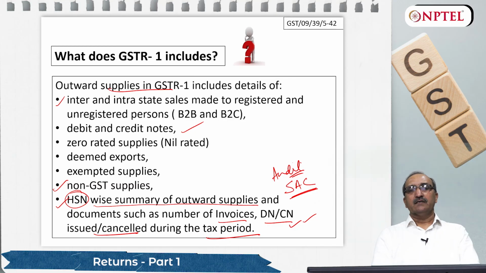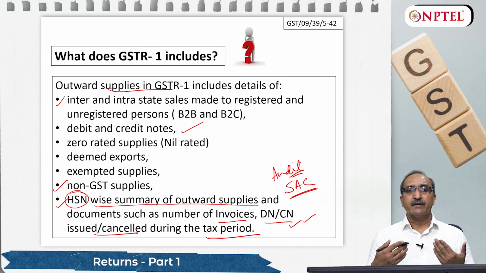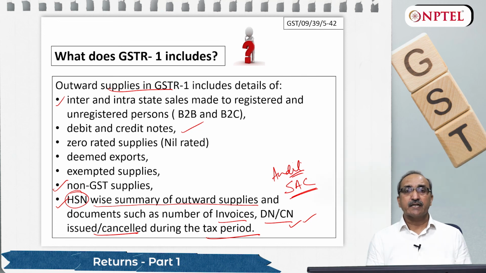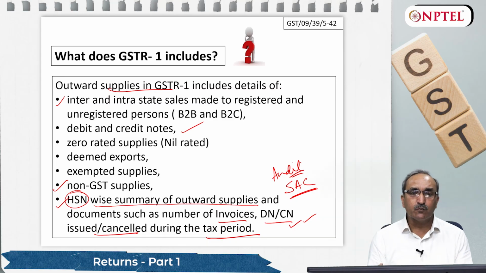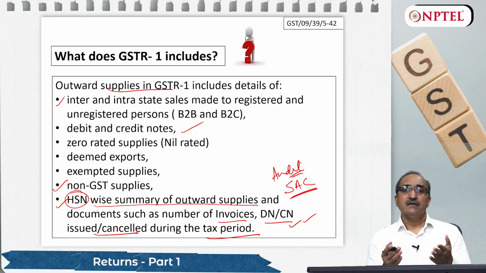So in a nutshell, GSTR 1 is my statement wherein I am declaring my sales and my tax liability, whether it is intrastate or interstate, to a registered person or an unregistered person, more than 2.5 lakhs or less than 2.5 lakhs, an exported sale, a deemed export, or a non-GST supply.